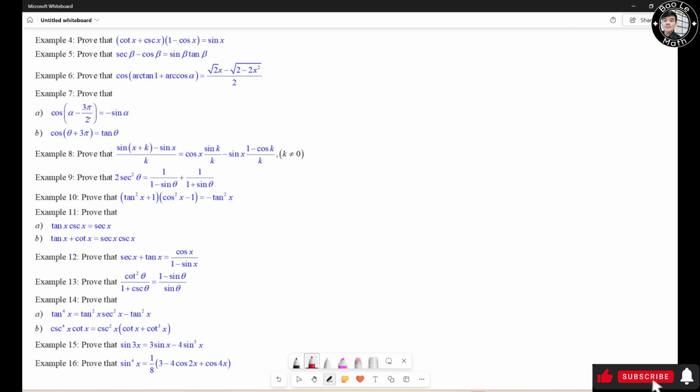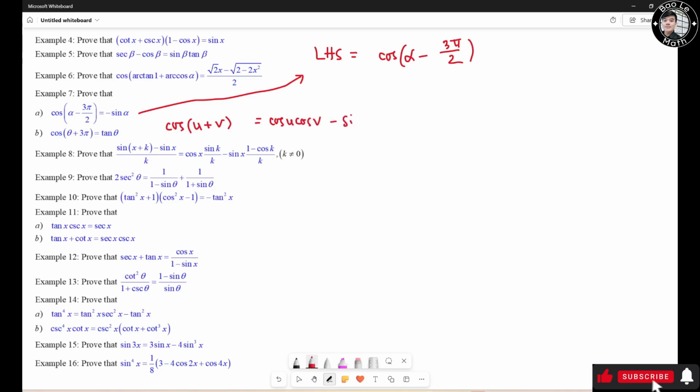Now, let's move on to example number 7. So, I start from the left hand side, right? Left hand side equals cosine of alpha minus 3 pi over 2, right? So, I apply the formula cosine of u plus v is going to be cosine of u cosine of v minus sine of u sine of v, right?